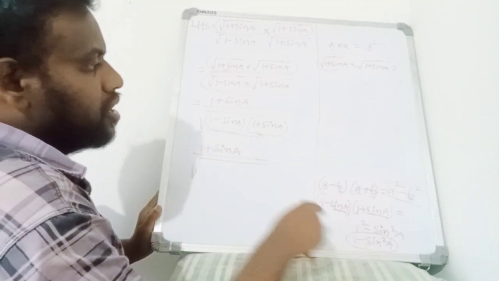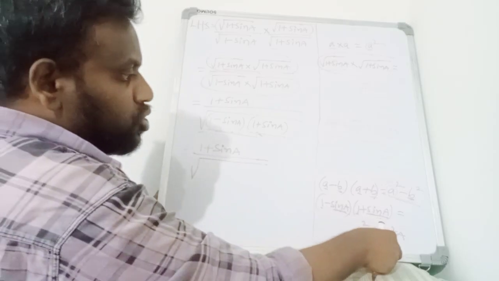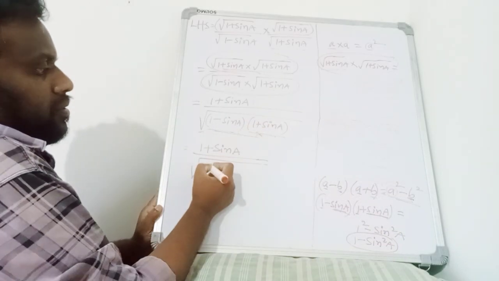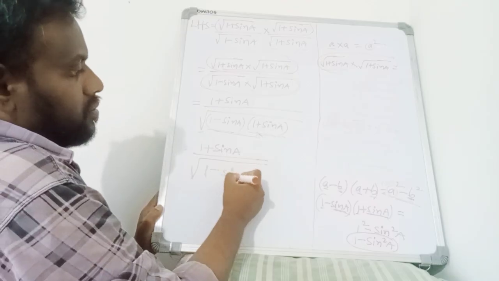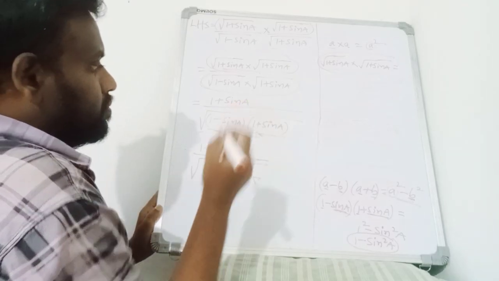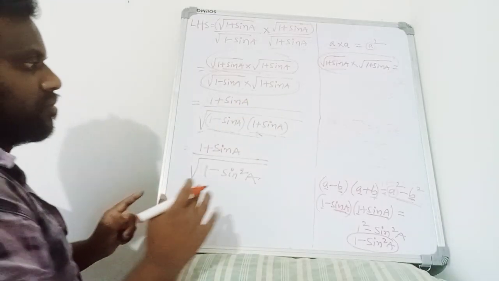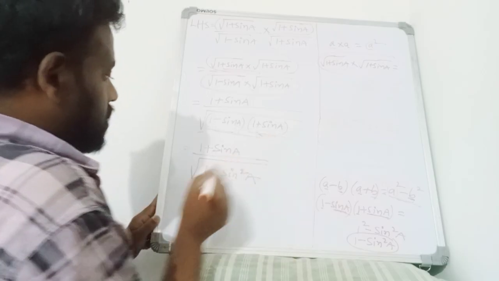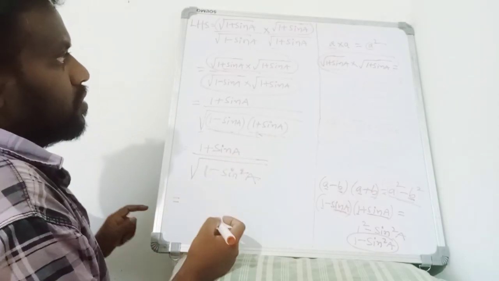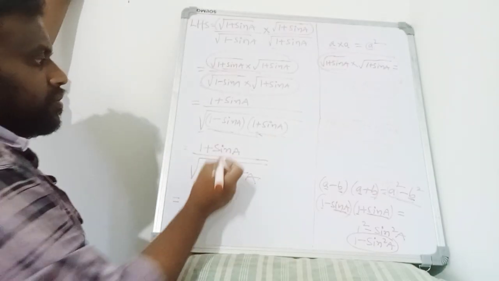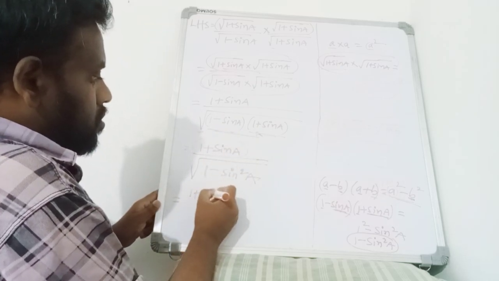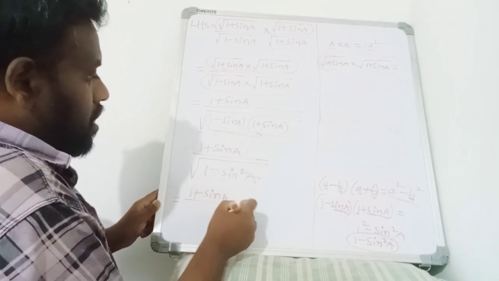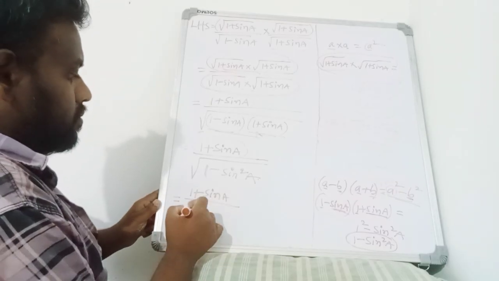So in place of this, I will write 1 minus sin square A. So next step, this you keep as it is, 1 plus sin A.